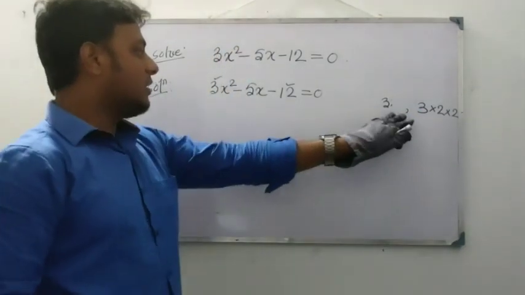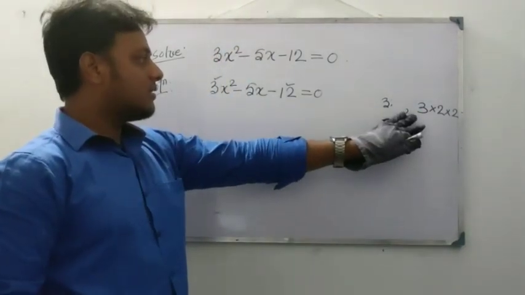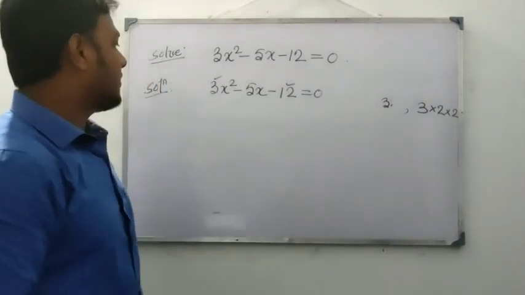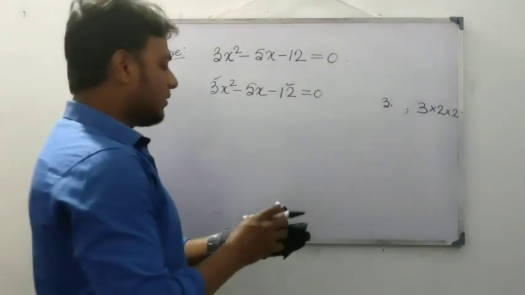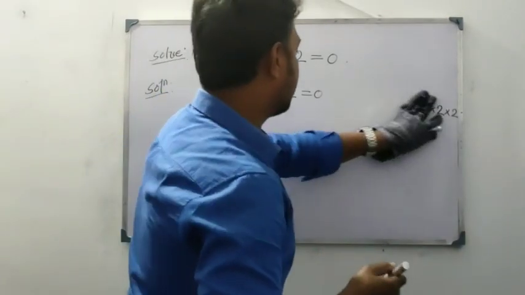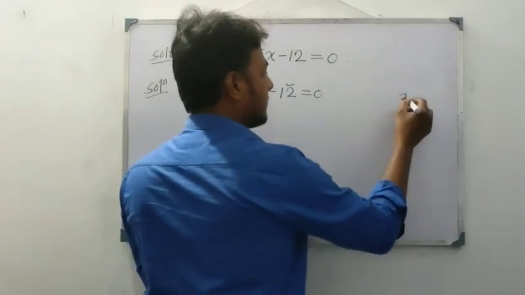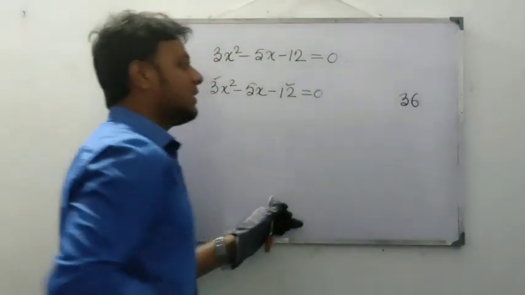We have to convert this into two factors and we have to match 5. You can solve it in another way also. If you multiply the extremities, then you will get 3 into 12, which is 36. Now check the sign.